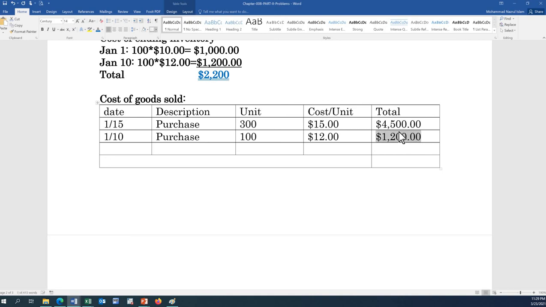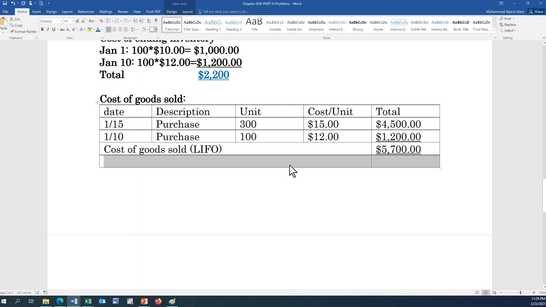So the total cost of goods sold would be 5,700, correct. So this is the cost of goods sold under last in first out.